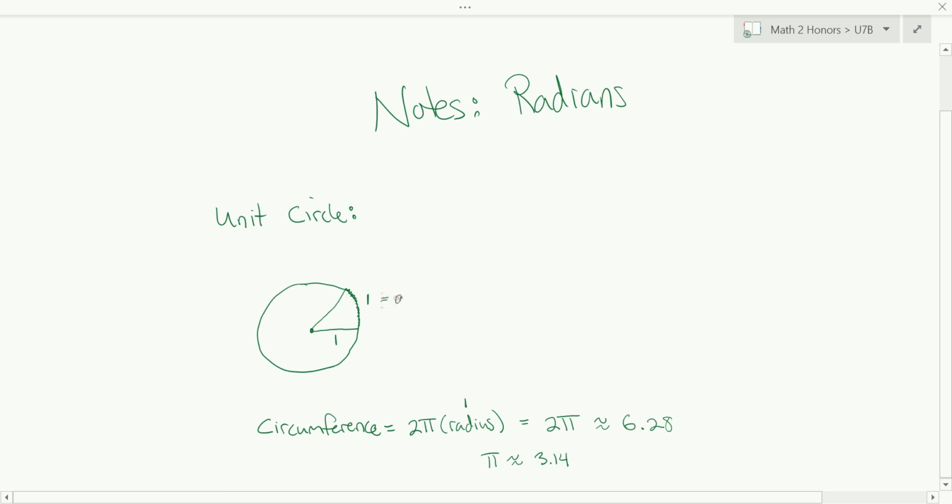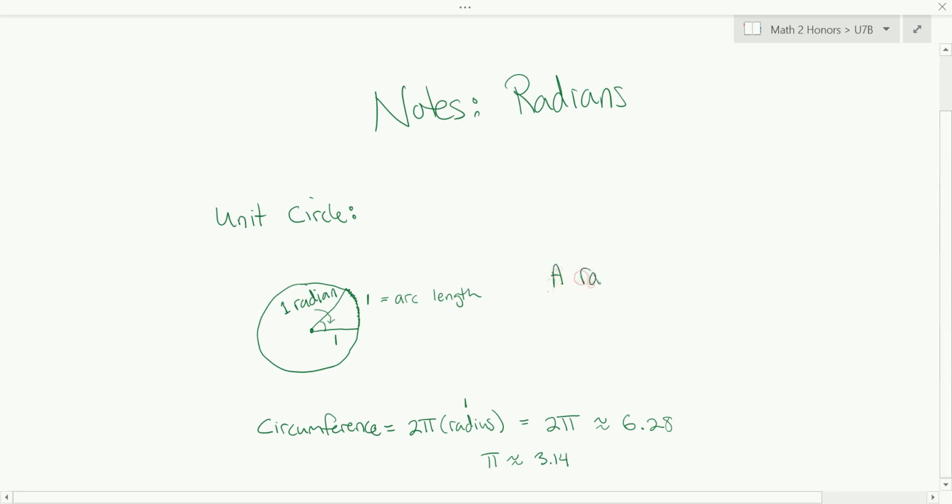So let's say the arc length is 1, then that angle measure is what we say is 1 radian. Okay. And so that is what a radian is. It's the angle measurement in a unit circle that would give you an arc length of 1. And I'll write that down.